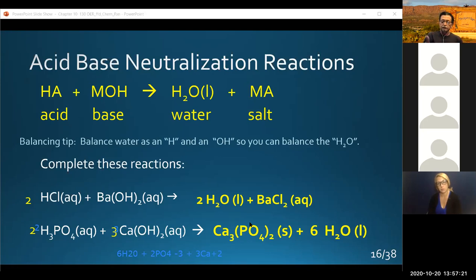And by default, the salts balance out. When you talk about acid-base reactions, to balance them, follow the protons and the hydroxides, and the corresponding salts will fall into place. That's what we did up here.